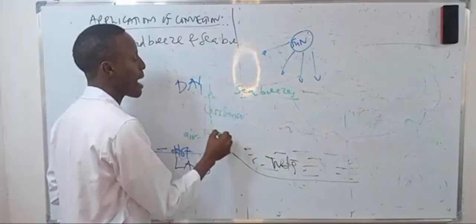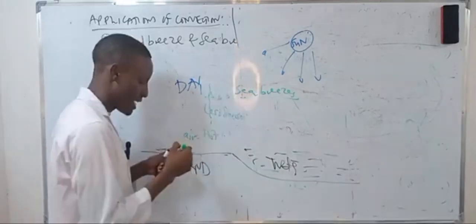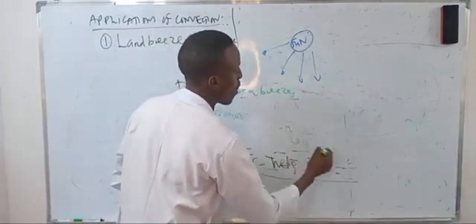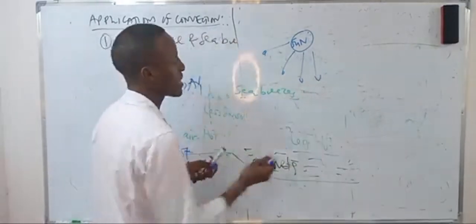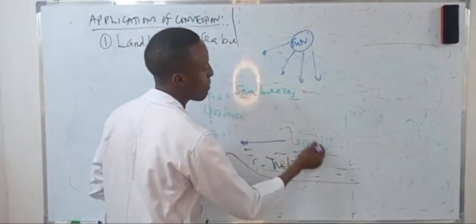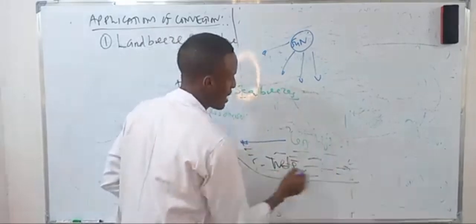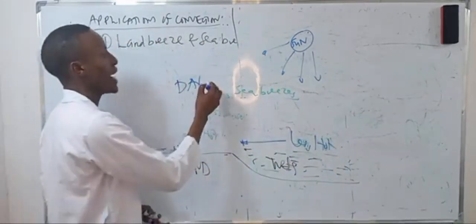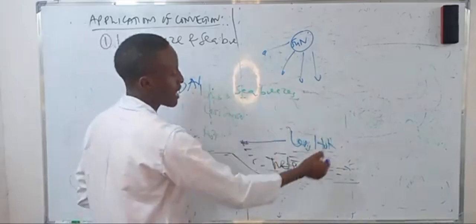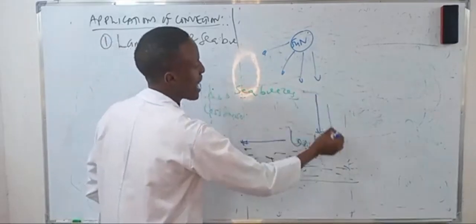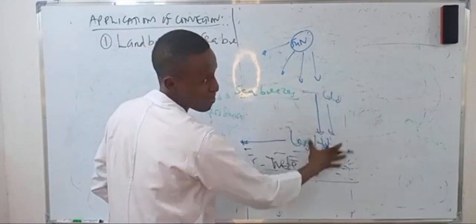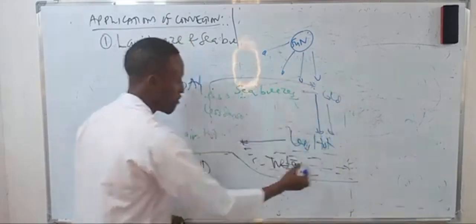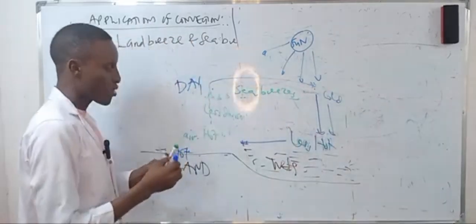As it rises up during the day, the colder air, the less hot air above water, comes to replace this one. As the air which has just risen is replaced, the cold air falls down to replace this one. So the convectional movement of air is what causes this.